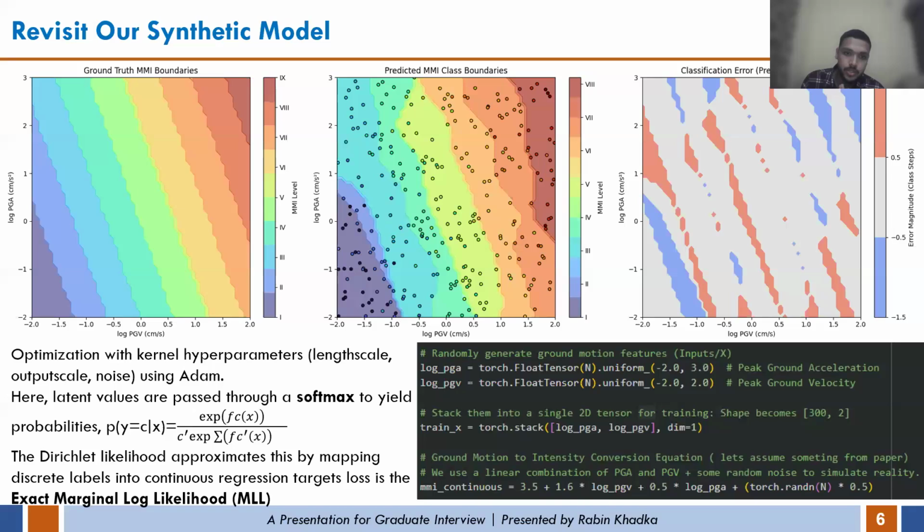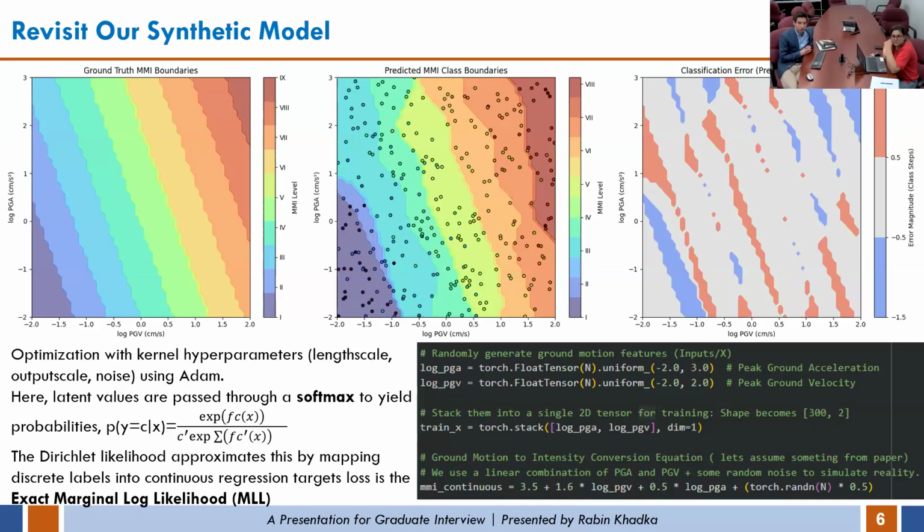That is, if we have either PGA or PGV from the instrument, then we can easily predict the MMI intensity level of that particular location without setting our boots there. So this should give a rough estimate of the intensity of shaking any site is going to experience on the basis of ground motion parameters.